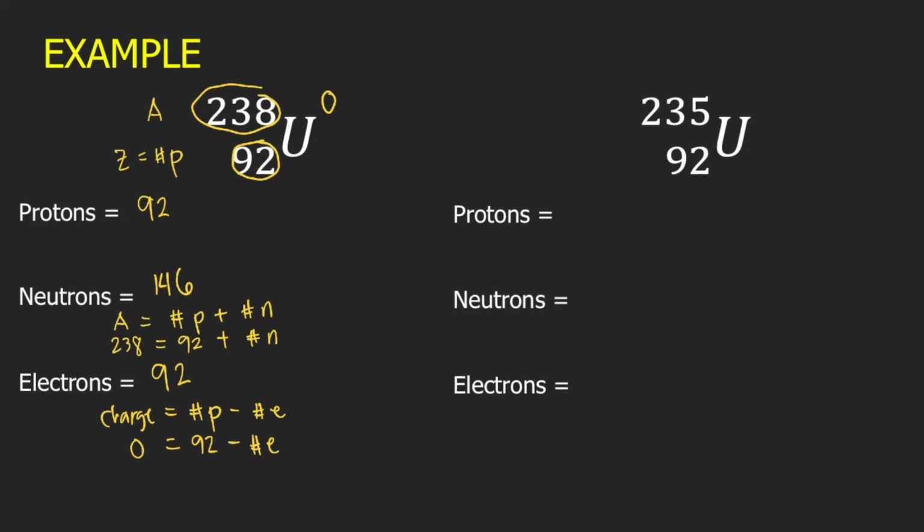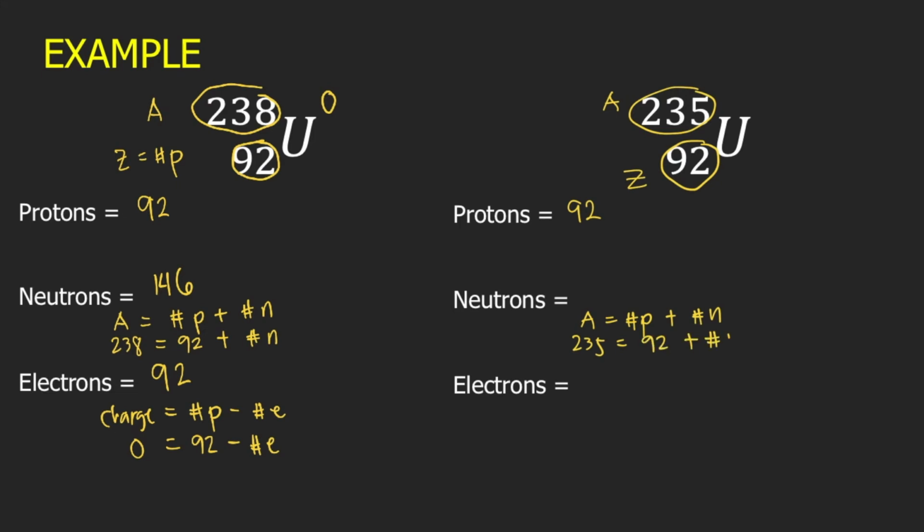Now let's move on to the right side. For the number of protons, the atomic number is also 92. So the number of protons is 92. Our mass number is 235. Again, mass number is equal to number of protons plus number of neutrons. Our mass number is 235 and there are 92 protons.